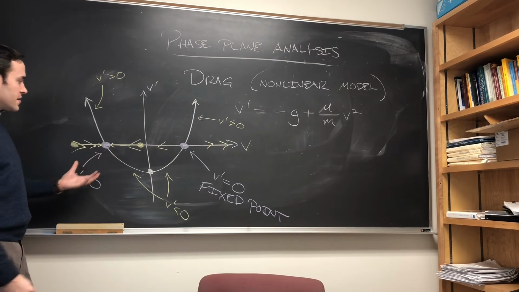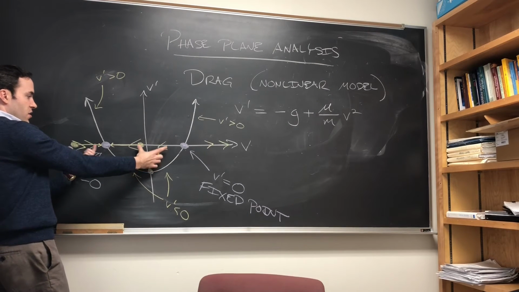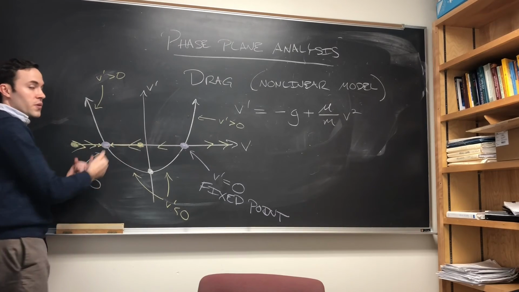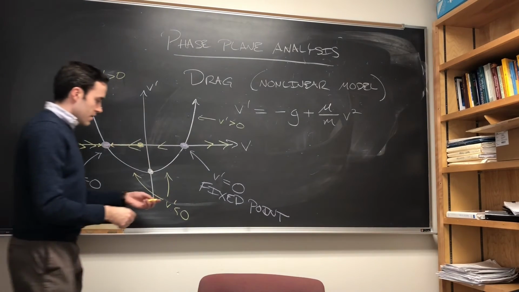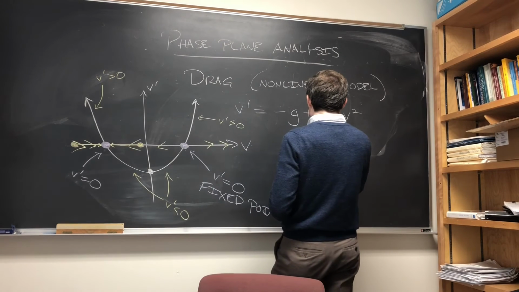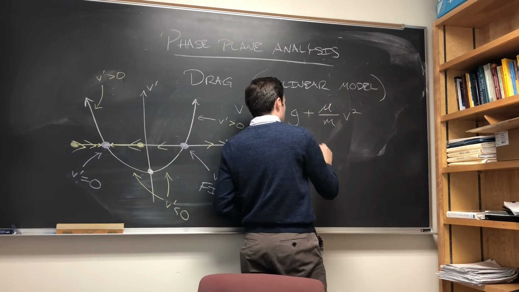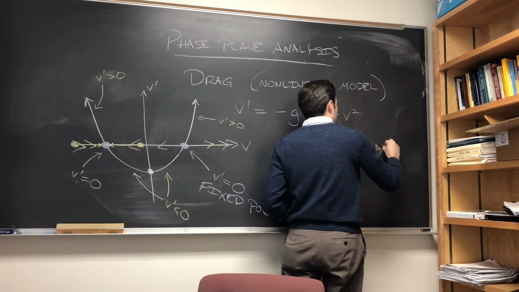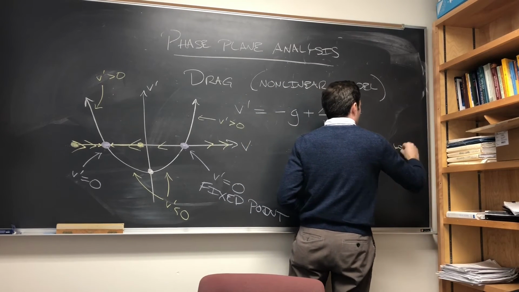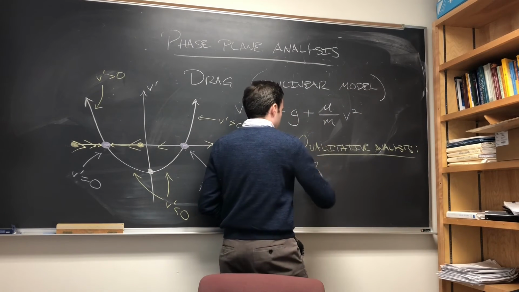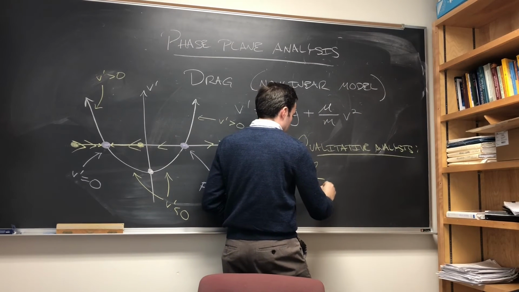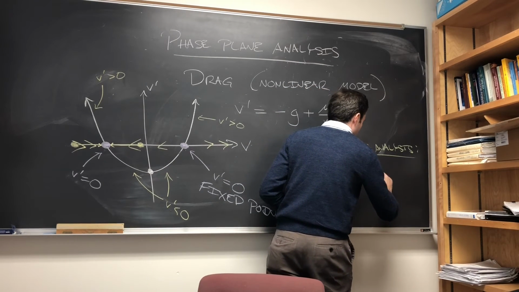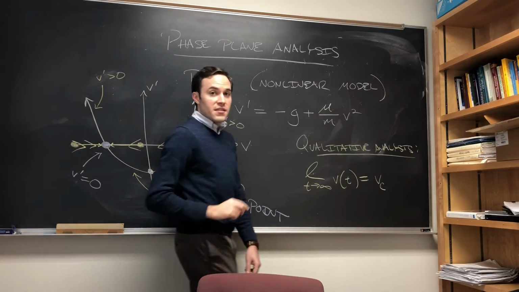From this, the asymptotics tell us that if your initial velocity is in either of these two regions, you're going to just asymptotically approach this critical velocity. That's the main idea here, the qualitative analysis that we do. It tells us that the limit as t goes to infinity of our velocity is going to be this critical velocity, which I'll call v sub c.